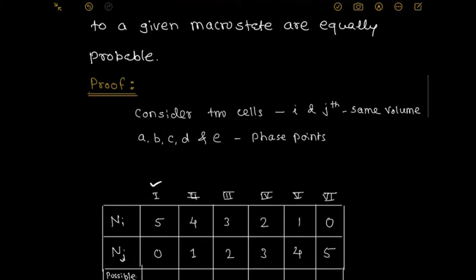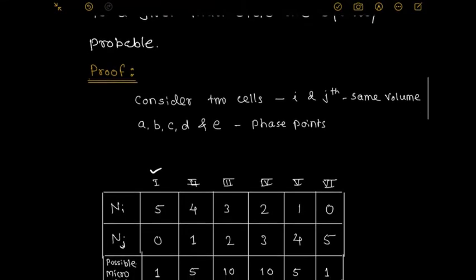Considering the first macrostate 5 0, there is only one possible microstate, since the I cell contains 5 phase points, the J cell is empty, and there is only one possibility of the microstate, and that is 1.